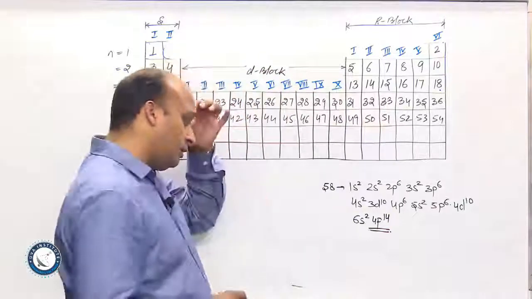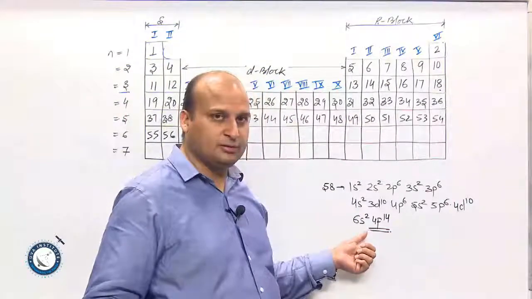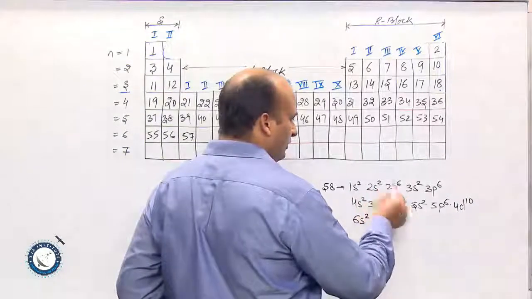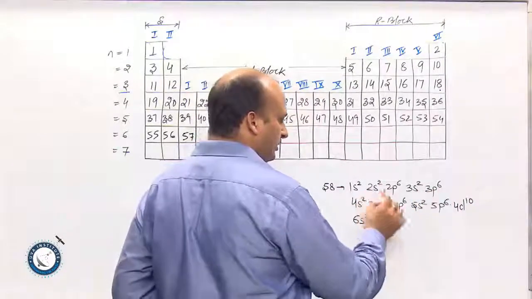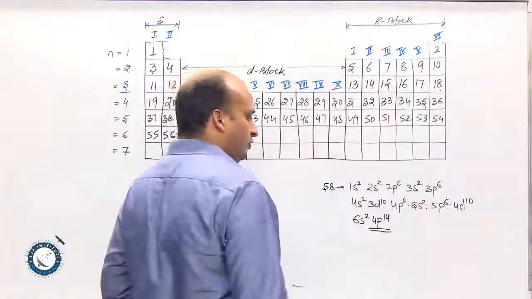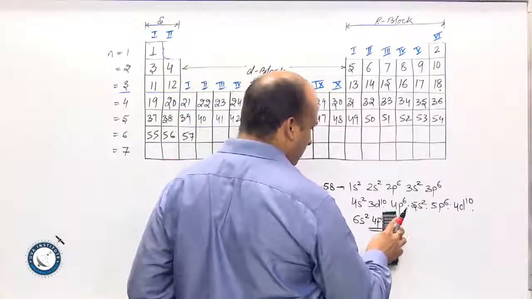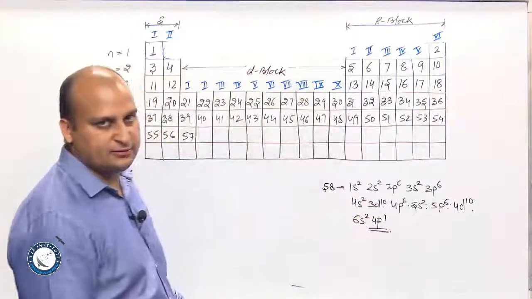Now see, after 6s I cannot go to 5d, 4f will come into the picture. Let's count: 2, 4, 10, 12, 18, 20, 30, 36, 38, 44, 54, 56. So now I need this for 57.